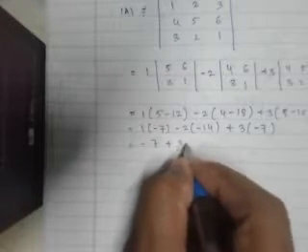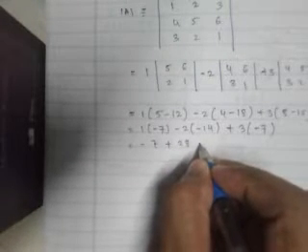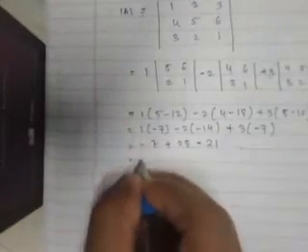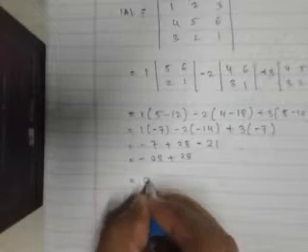Okay, so that we will solve: minus 7 plus 28 minus 21. That becomes minus 28 plus 28, which is 0. So the determinant of A is equal to 0.